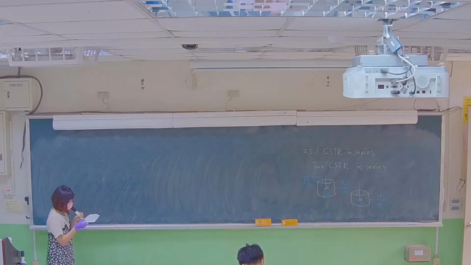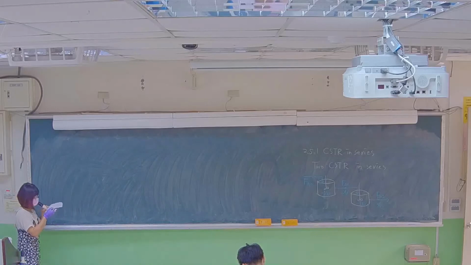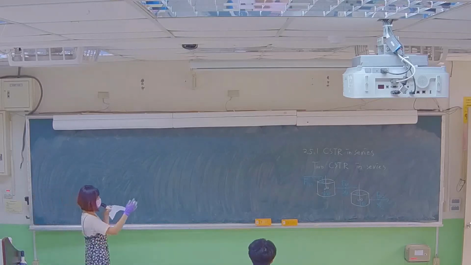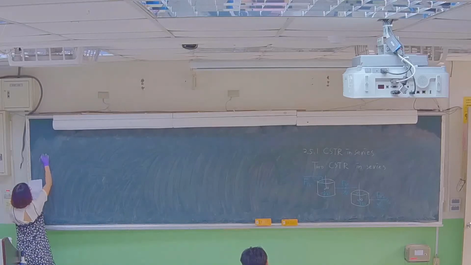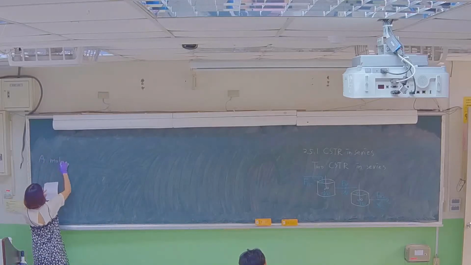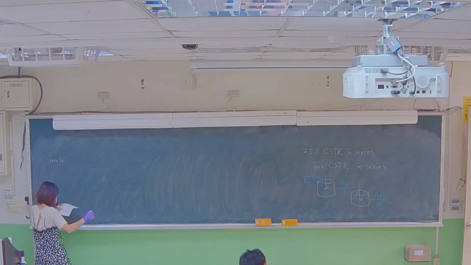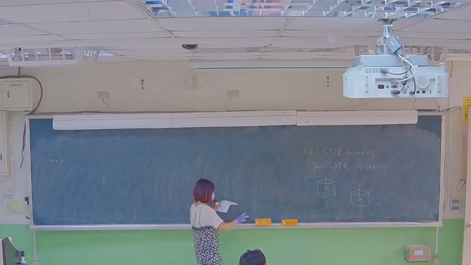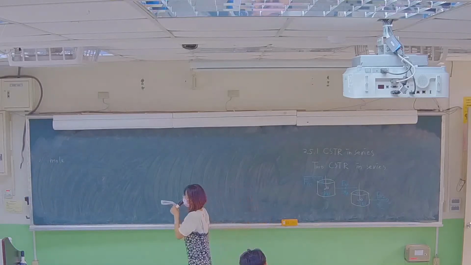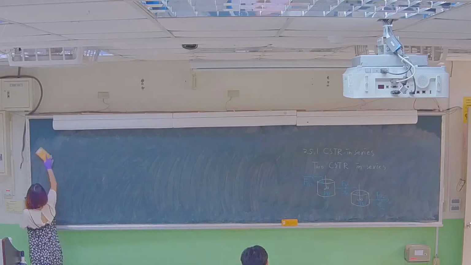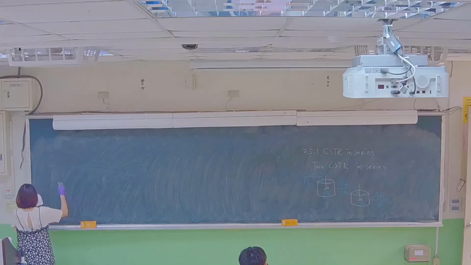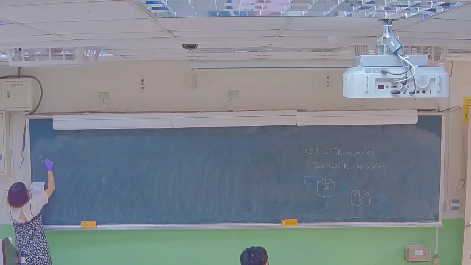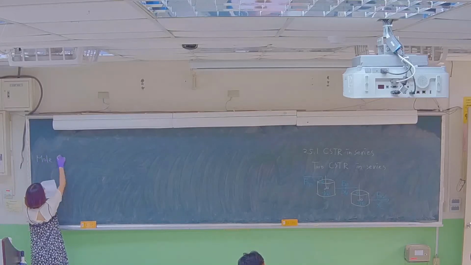Now I want to derive a formula for the volume. Okay, so let's begin from the mole balance equation. As I told you, you have to go to the very beginning to derive the formula or equation.